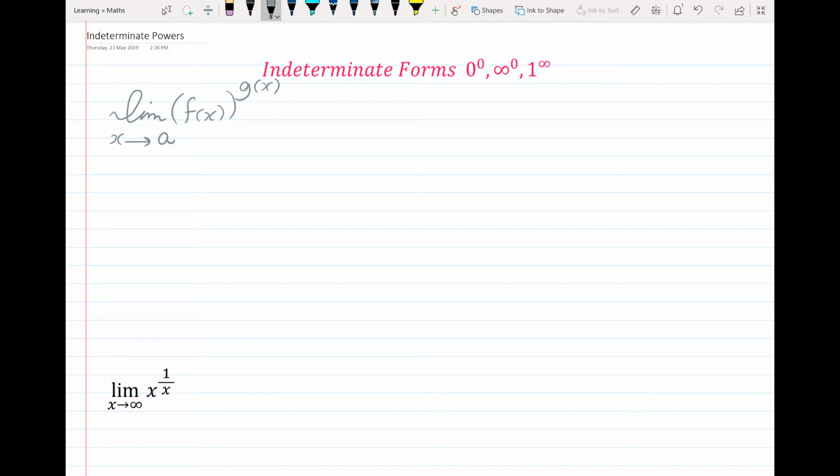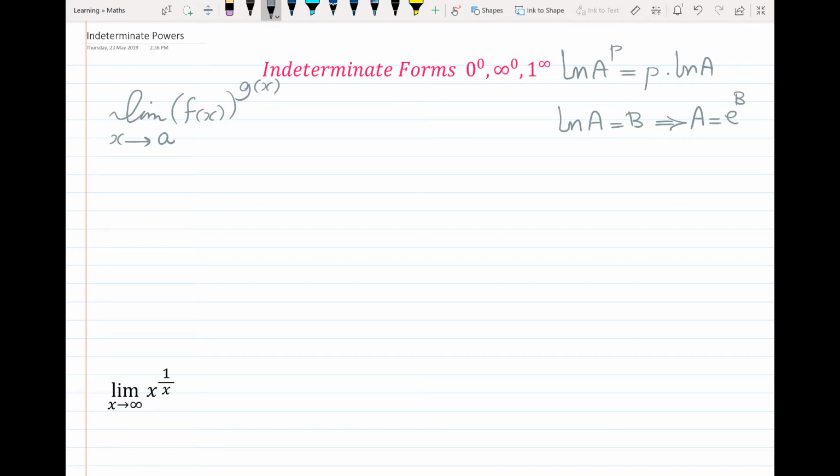Before I show you the process, let me remind you of the properties of ln that we need here. If we have ln of a to the power of p, we can bring the power p to the front of ln and write it as p times ln of a. Another property is that if ln of a equals b, we can get rid of ln on the left side and have a equals e to the power of b.